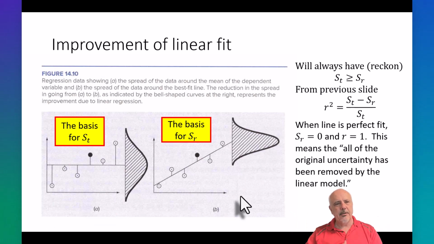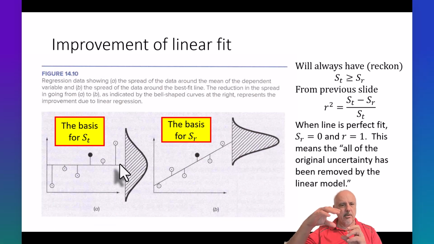So here's kind of the idea. I got this from the book. The basis of S sub t is where you just have that flat mean line in your data, and you compare how the data looks relative to that. That's the S sub t, the sum of squares of residuals for the mean.